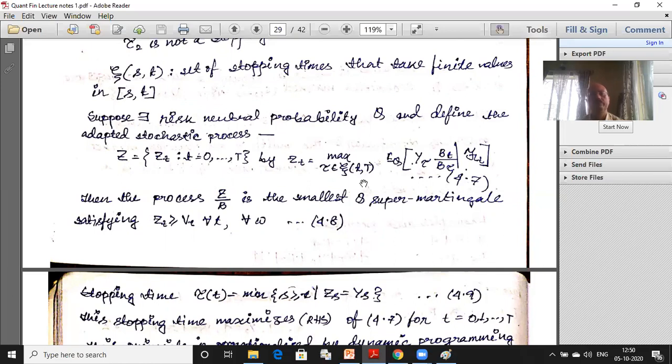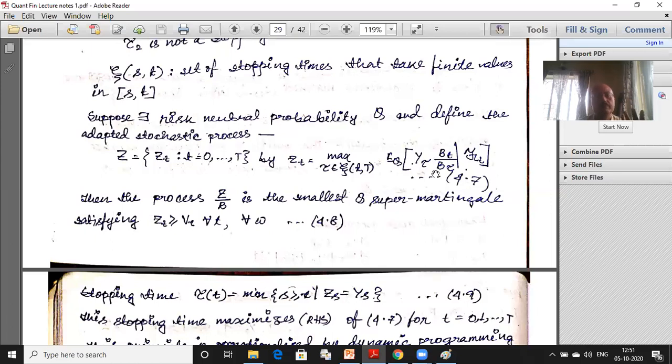Just take a look at it carefully and make sure that you have understood what is going on. So I'm defining this adapted process Zt as the maximum over the stopping times between now and time capital T, of the expectation of the current value of y. And I am saying that if I move towards the right, closer to the expiry date, this maximum can only reduce.